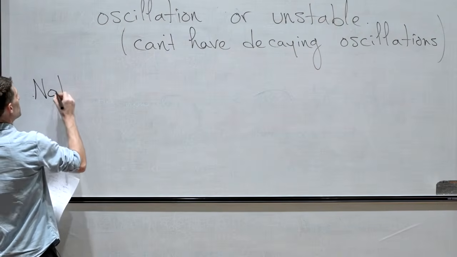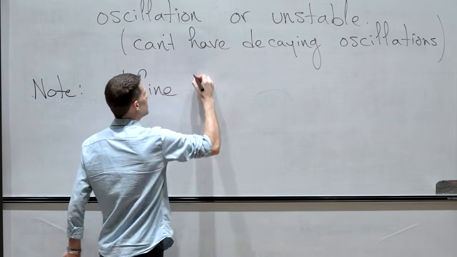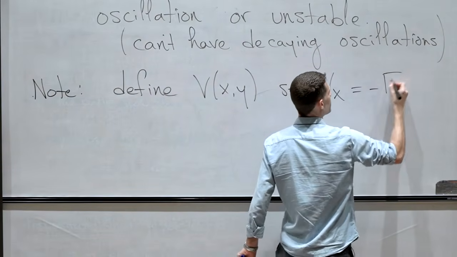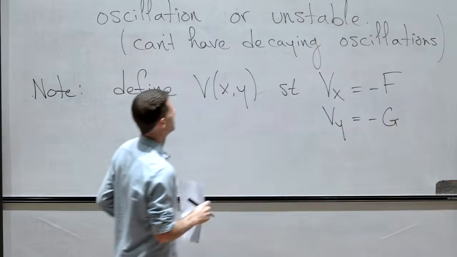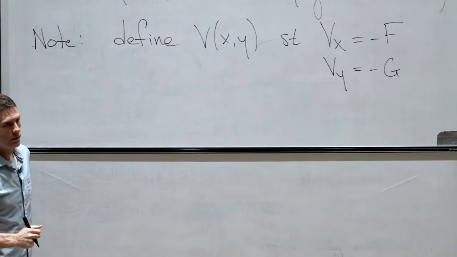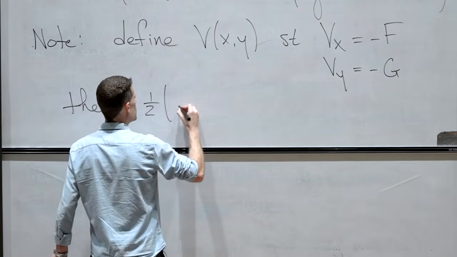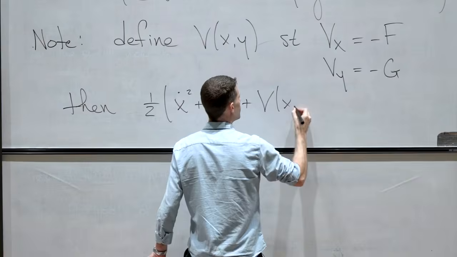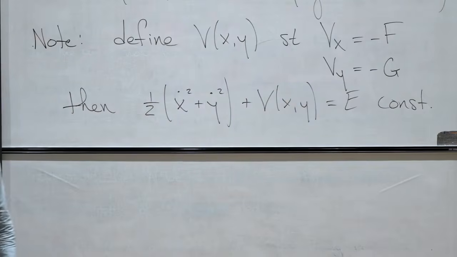We'll do a bit with this in other contexts, but just to make a quick note here: if you define V of x, y such that dV/dx is that function f with a minus, and dV/dy is minus g, then we have a two-variable energy conservation law, which looks like that.